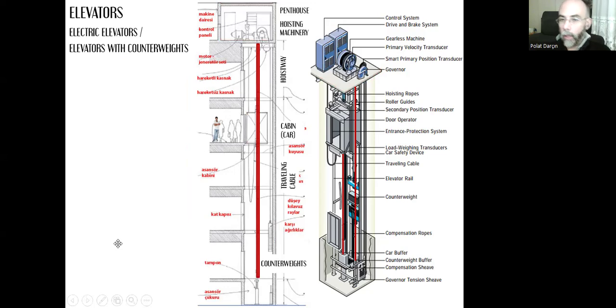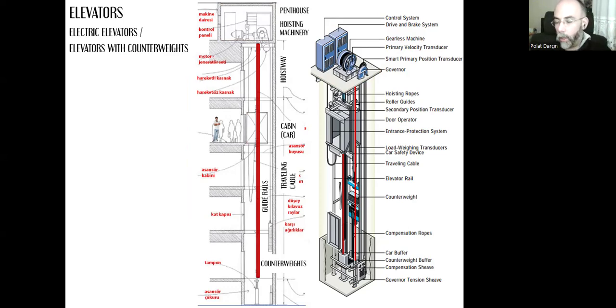We don't want our cabin to move sideways as it goes up and down. So we need a system to stop it swaying, and this system is called guide rails.